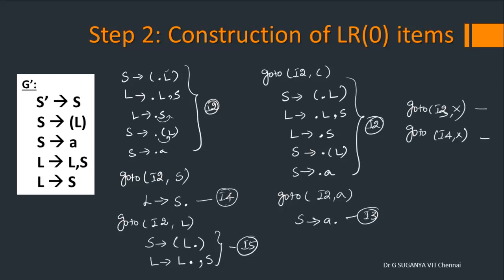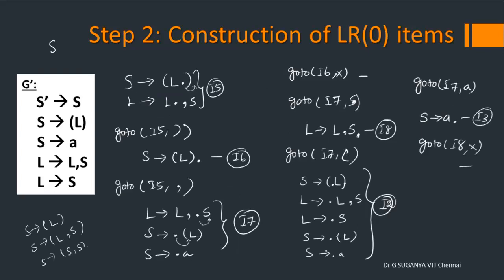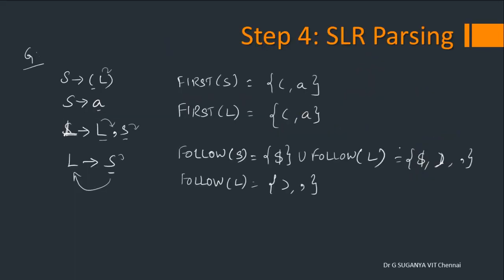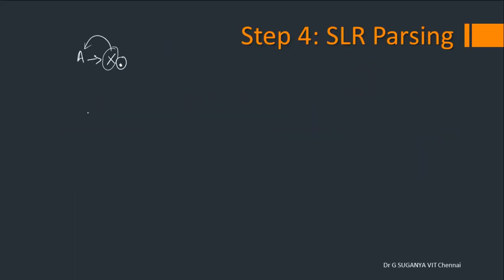Then I3 and I4 remain the same. Now comes I6, which has S gives L dot, and in I8 we do have this. With that we will move on.